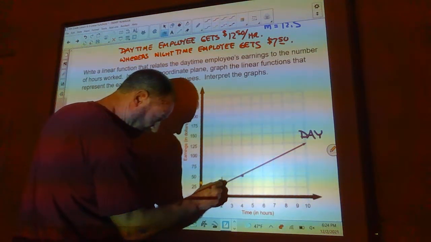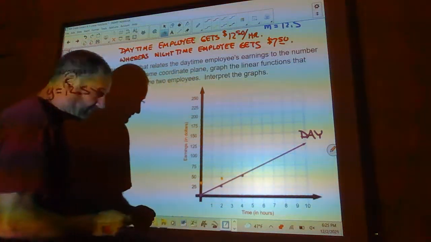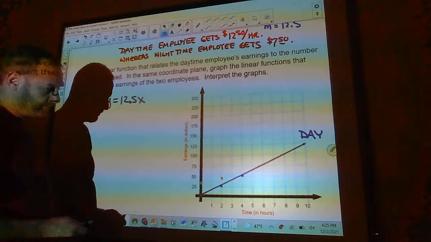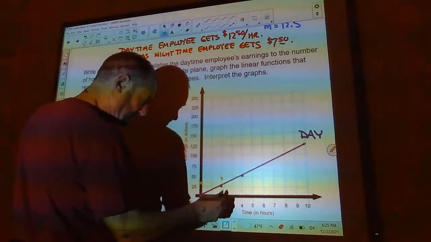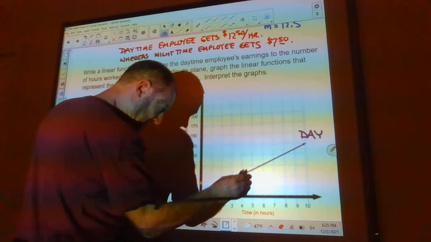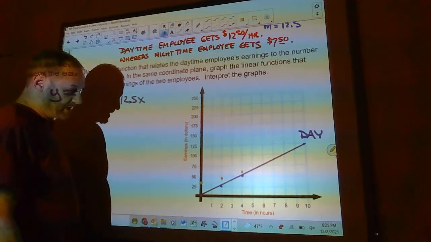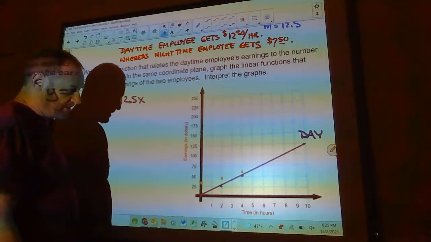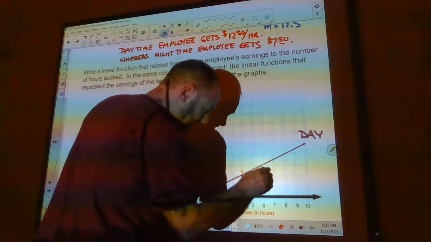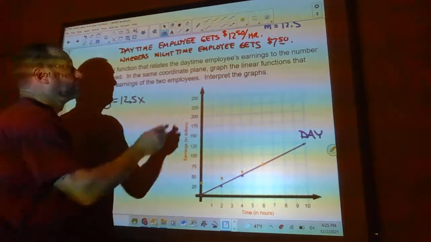So that's going to be right here. And another $15 after 2 more hours is going to be 60, which is going to be right here. And then after another 2 hours, that's going to be 75. That's going to be right here. That's where those lines are going to cross.